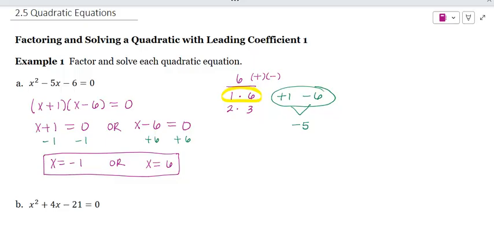Now, in general, we'll see this moving forward, most of the time the number of solutions is going to match the exponent. So because the leading term was a 2, we were expecting to find two solutions, which we did. All right, let's move on to example B.